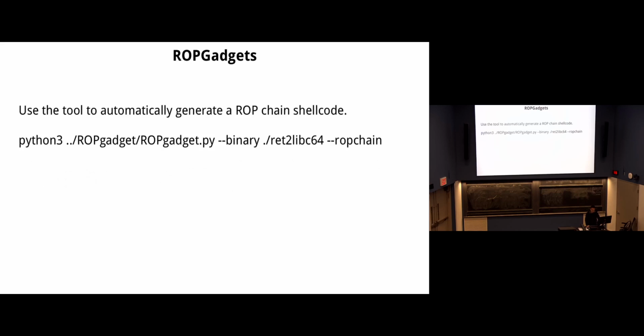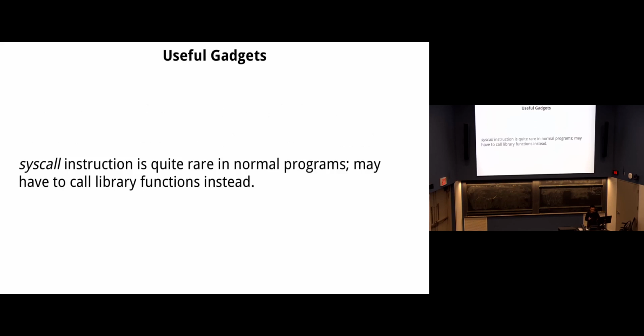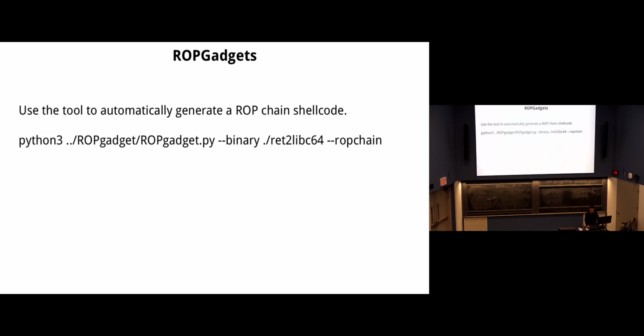However, it's very hard to find the system call instruction gadget, okay? The syscall, whatever, then return. It's very hard to find that. Usually they do not exist. So in this way, we do not have to use a system call instruction directly. Instead, we use this approach to call the C library function, the C wrapper of those system calls.